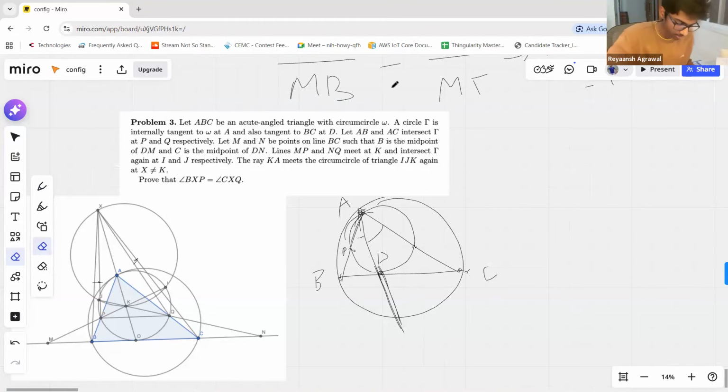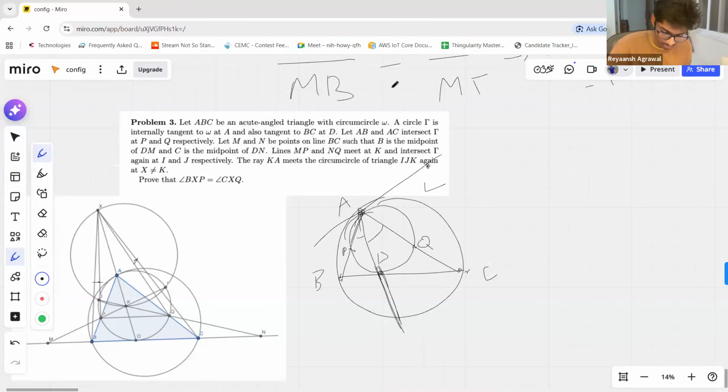So that is why PQ is parallel to BC, and I would encourage you to also do the angle chase. If we draw the tangent at A and say this is some point L, then angle LAC is equal to angle APQ.